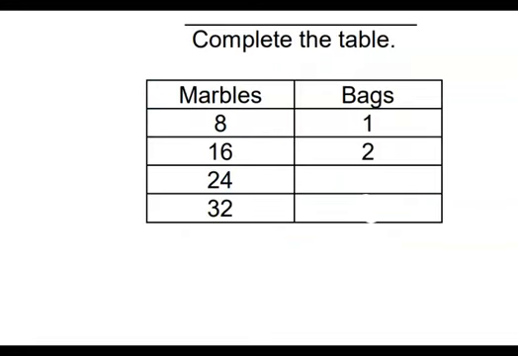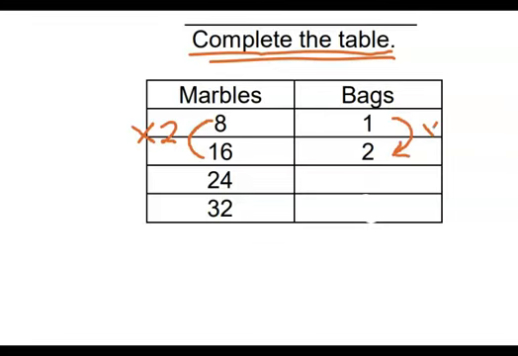Okay, so now we are going to complete this ratio table. All right, so what does it take to get from 8 to 16? Well, that is times 2. So to get from 1 to 2, that is times 2 also. Okay, so if that's the case, to get from 8 to 24, that is times 3.